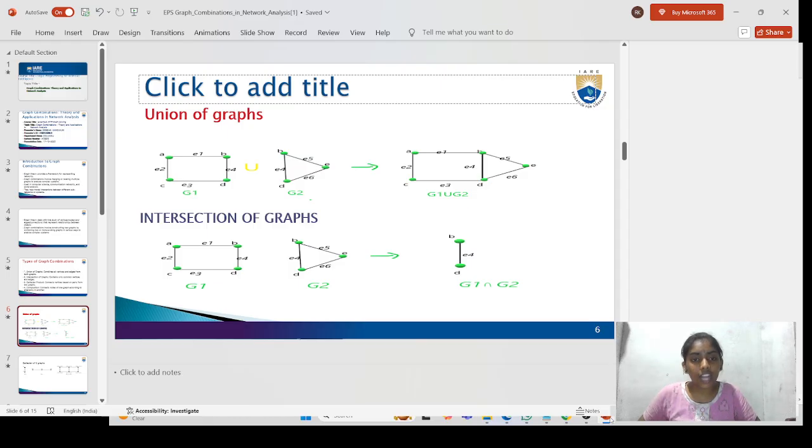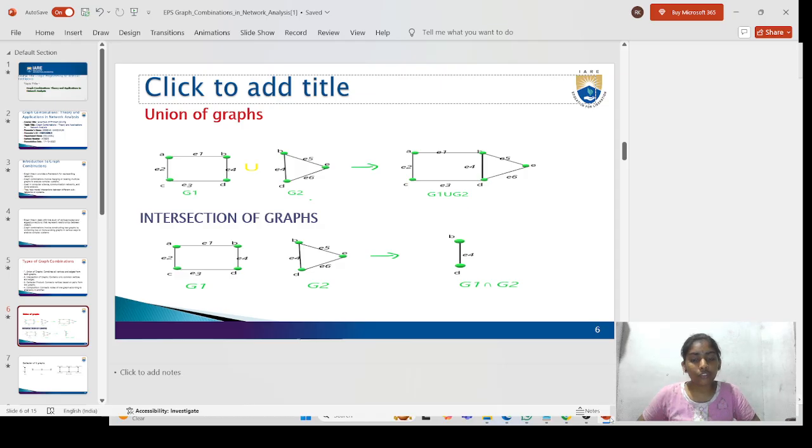Union of graphs is nothing but combining two graphs and it's symbolized as capital U. So G1 union G2 gives us A, B, E, D, C, and E1, E5, E6, E3, E2 and E4.